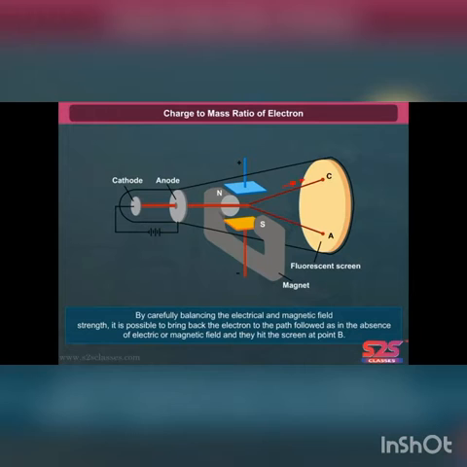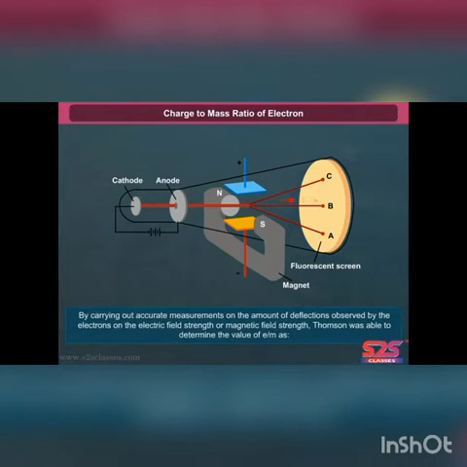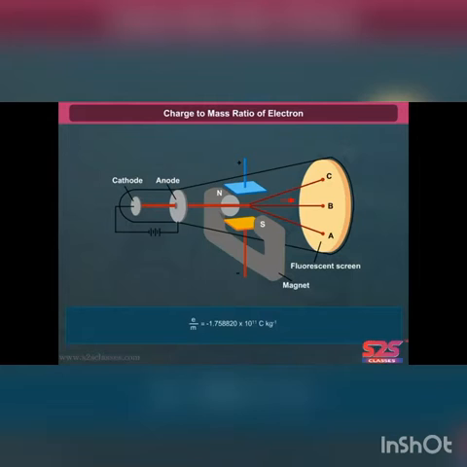By carefully balancing the electrical and magnetic field strength, it is possible to bring back the electron to the path followed in the absence of electric or magnetic field, and they hit the screen at point B. By carrying out accurate measurements on the amount of deflections observed by the electron on the electric field strength or magnetic field strength, Thomson was able to determine the value of e over me as minus 1.758820 times 10 raised to the power of 11 coulombs per kilogram, where me is the mass of the electron in kilogram, e is the magnitude of the charge on the electron in coulomb.